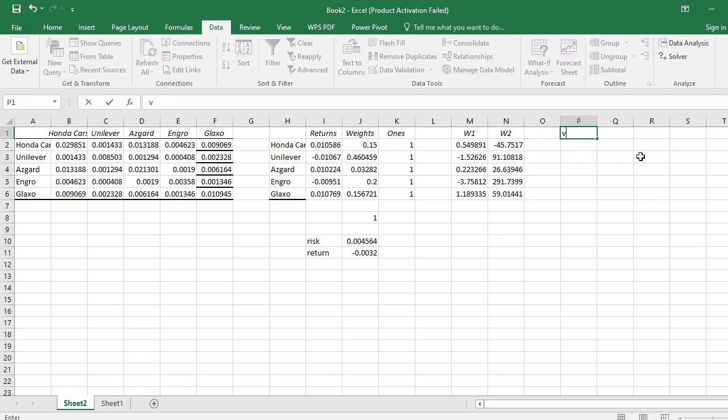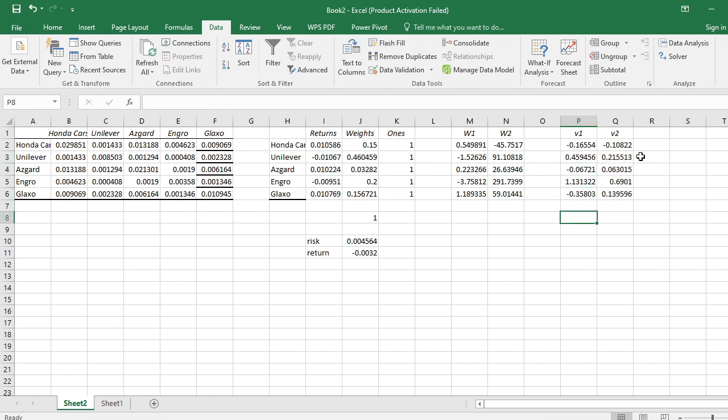So we can normalize these things as, let's say, v1 and v2, in such a way that this thing should be divided by the sum of this, and this thing should be divided by the sum of this, right? So let's see if they add up to 1.